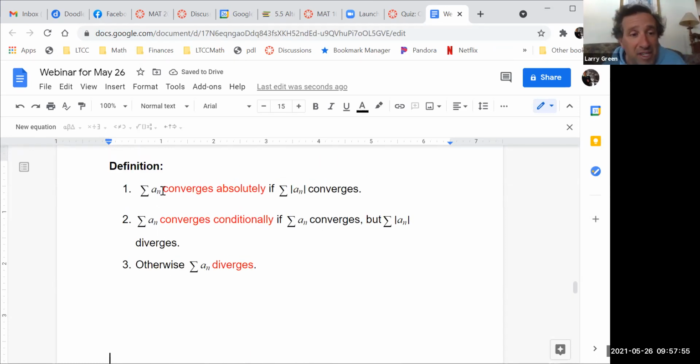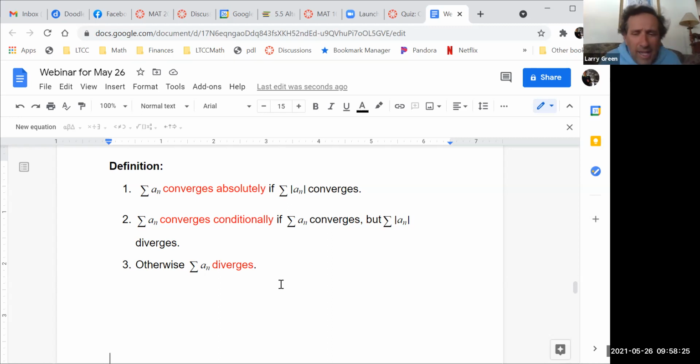If we have a summation of an, then we say it converges absolutely if the summation of the absolute value of an converges. We say the summation of an converges conditionally if the summation of an converges, but the summation of the absolute value of an diverges. Otherwise, we just say the summation of an diverges.